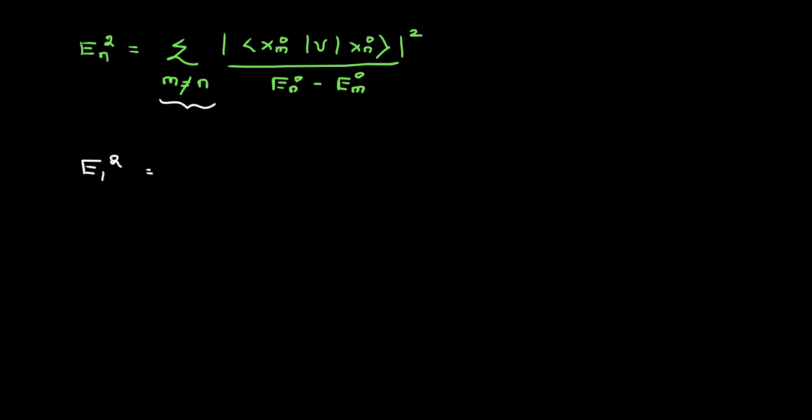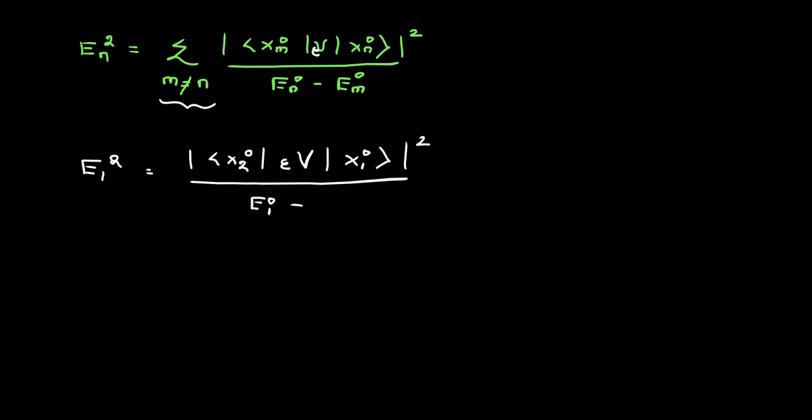E12 simply becomes x_2^0, I think we should have epsilon v, okay, and then it is |x_1^0| squared divided by E_1^0 minus E_2^0, and then when you do this calculation you actually get epsilon squared divided by E_1^0 minus E_2^0.